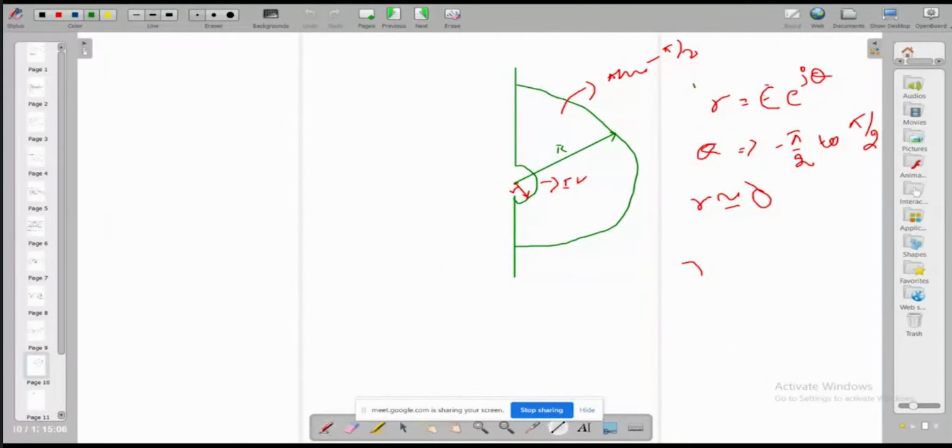Here we are taking epsilon e to the power j theta, for that theta varies from minus pi by 2 to plus pi by 2. It is the opposite direction: minus to plus for this, and plus to minus for the large circle.